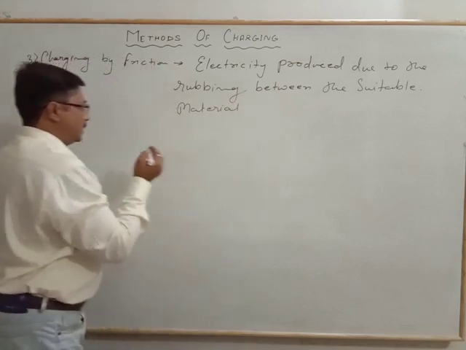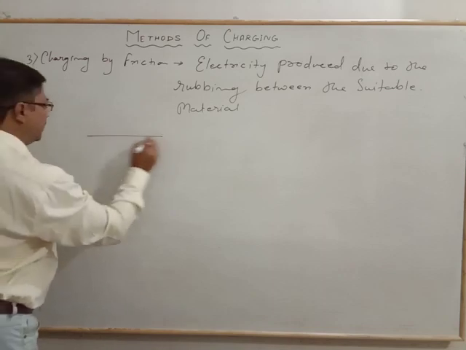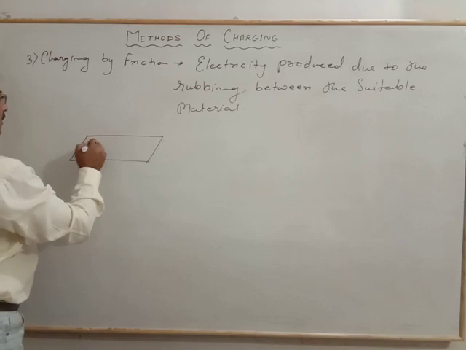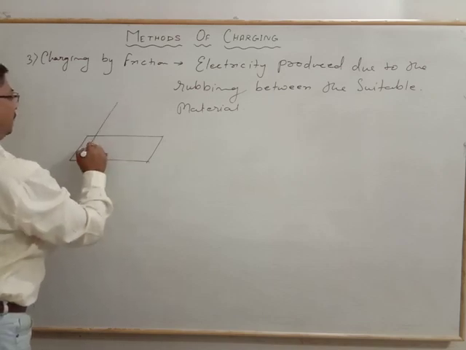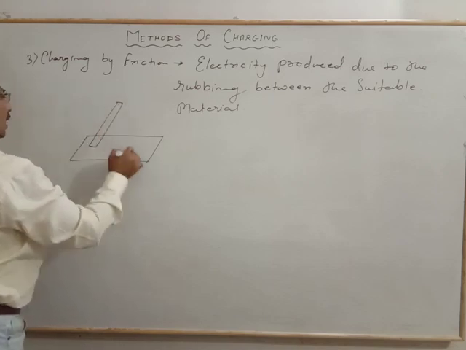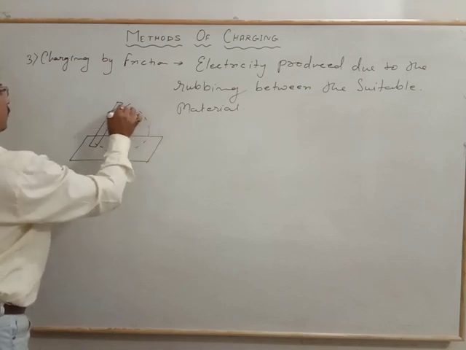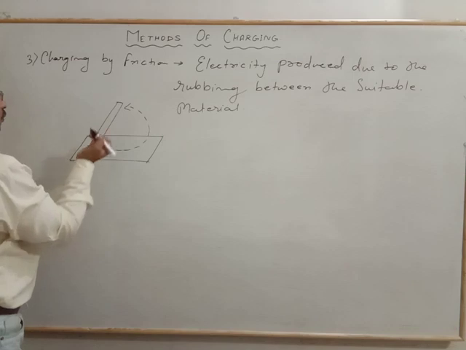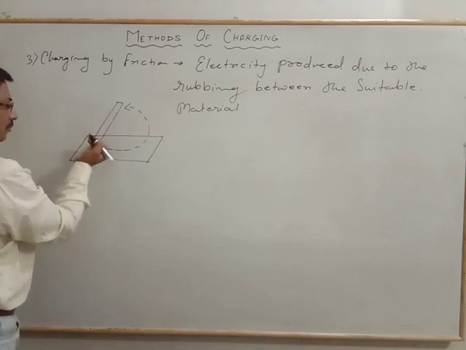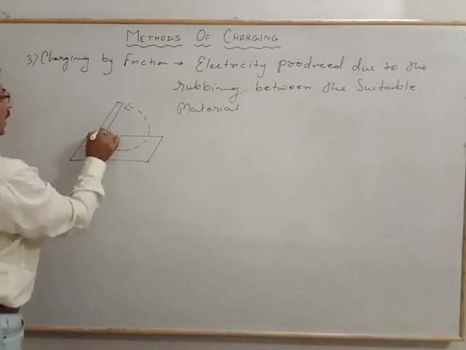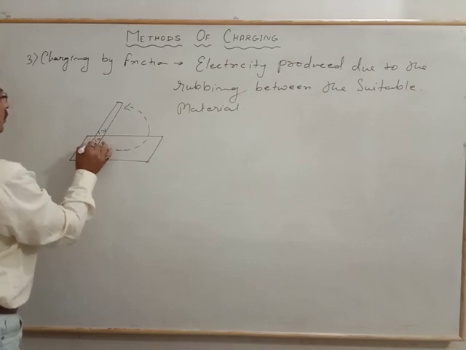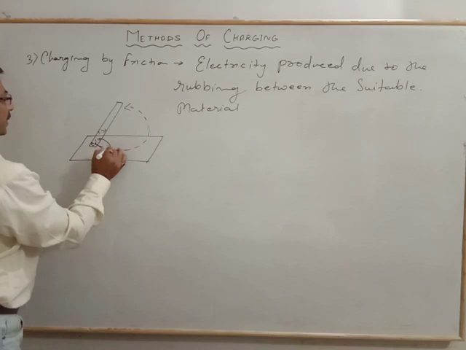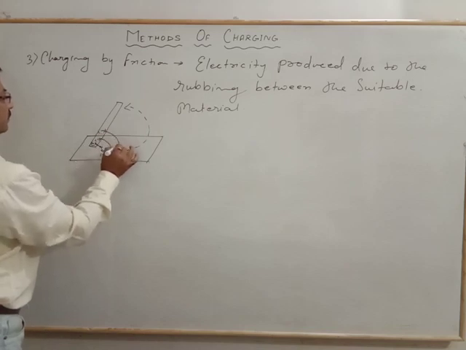Just see, one material is here, material 1, and over that material 1, if there is a contact and friction a number of times, what do we observe? Suppose one material will lose the electron, and the electron will jump to the other material.